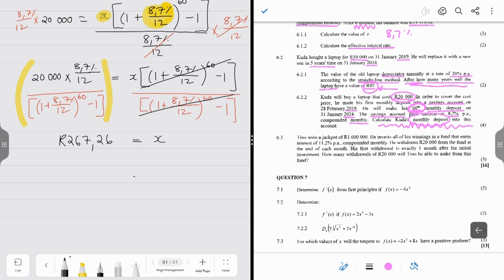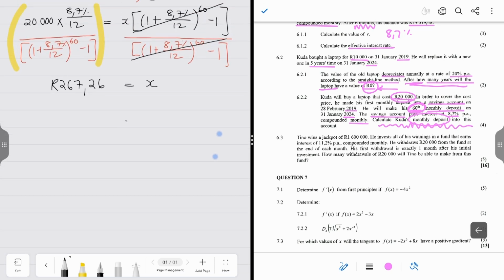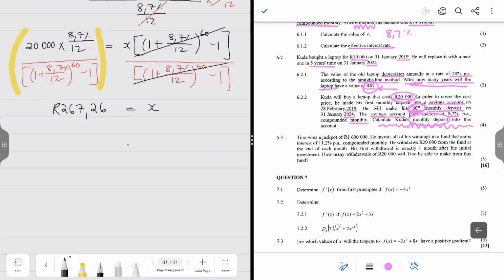All right, the next question says, and this one is separate, it's different, it's not got to do with Kuda, and we have a new person, it is Tino. This question is actually very interesting because it says Tino wins a jackpot of 1,600,000. He invests all his winnings into a fund that earns interest at 11.2% per annum, compounded monthly.